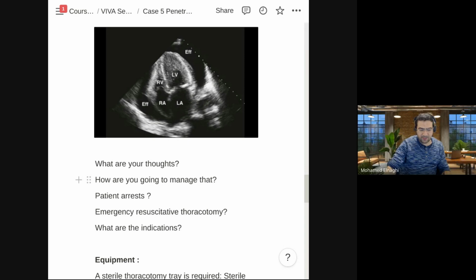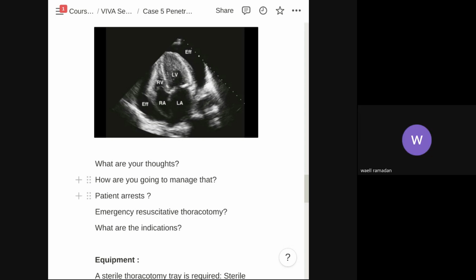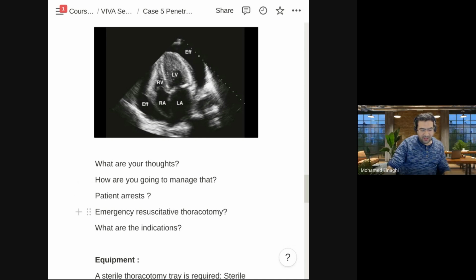Basically, a young patient with a penetrating injury to the heart, with a witnessed cardiac arrest in front of you. That was the indication for it. So what are the other indications for emergency resuscitative thoracotomy?